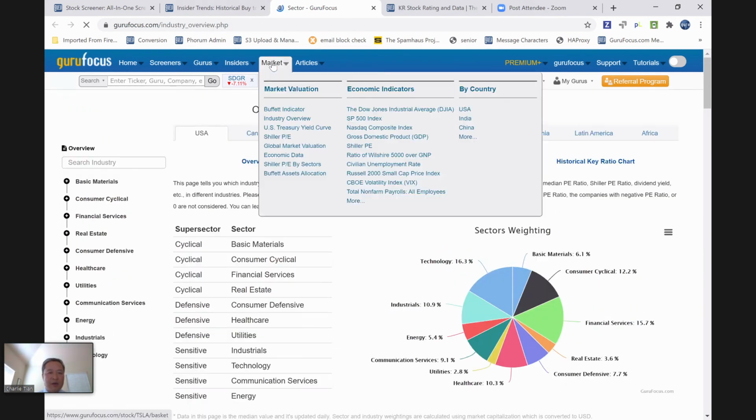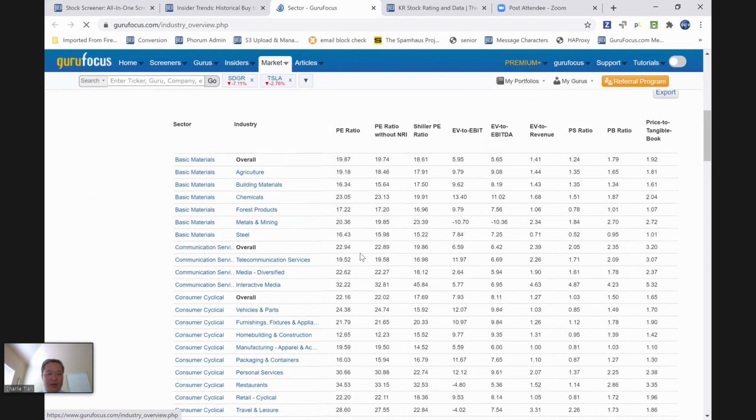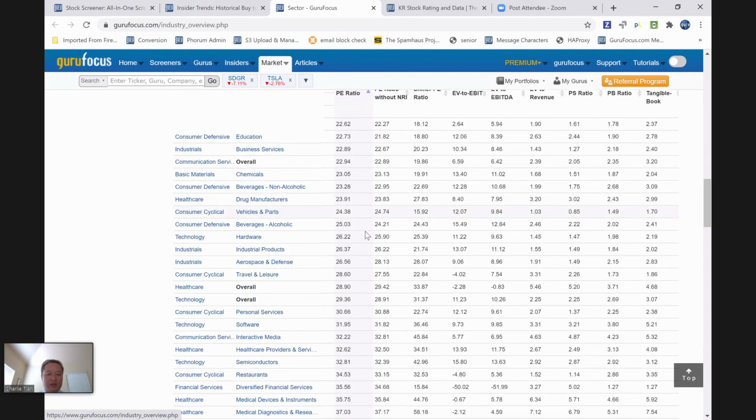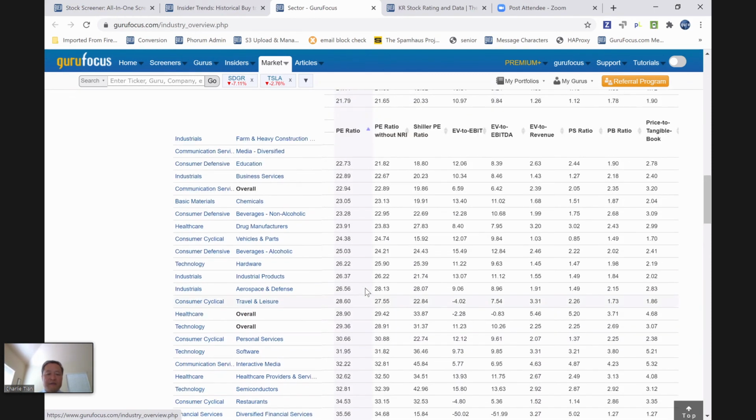It's under the market industry overview here, and if I sort all the industries by PE ratio, the energy and financial services industries have very low valuation, and technology and biotech all have very high valuation.